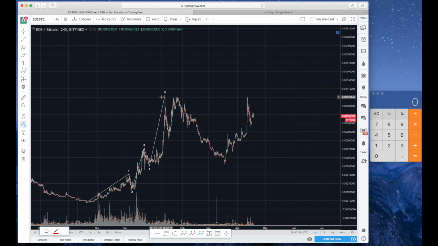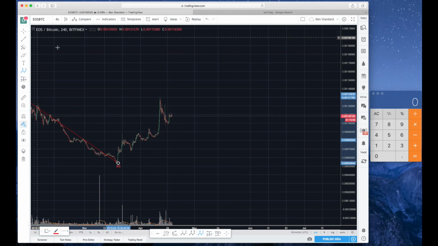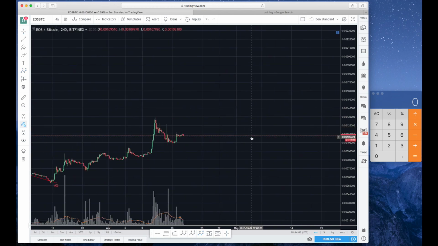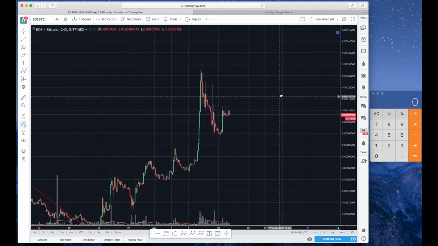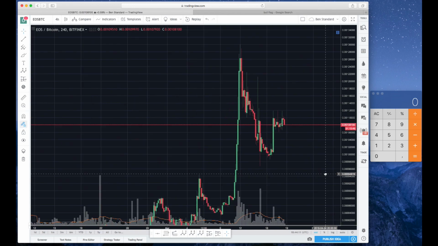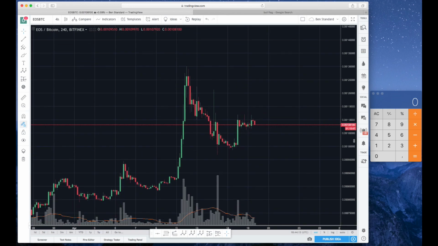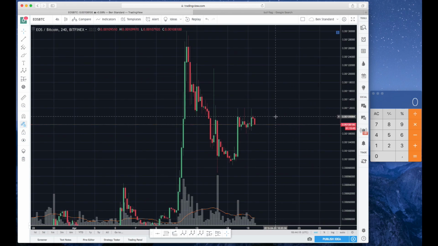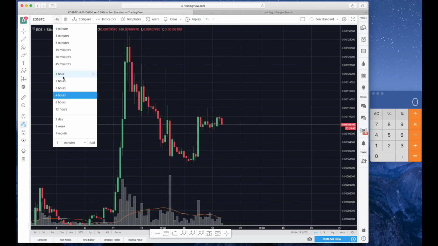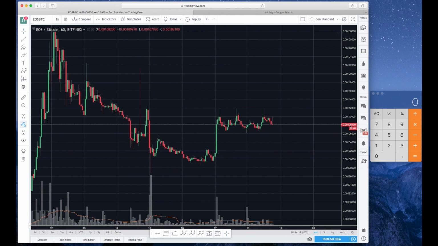So let's say we have an ABC here, then the trade that I'm gonna make is more of a swing trade. I'm gonna choose the 1 hour time frame.